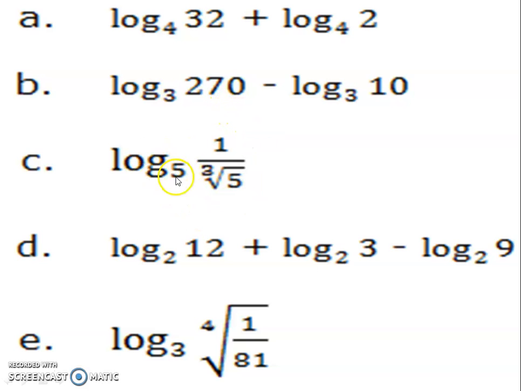Here the base is 5, but they gave numbers, so we have to convert that in the form of 5, so we can easily solve these. In the fourth example, the base is 2, 2, 2, so we can easily apply laws of logarithm. Here 3 is there and they give the term as a power of 3, so we can convert these into an easy format using the laws of logarithm.